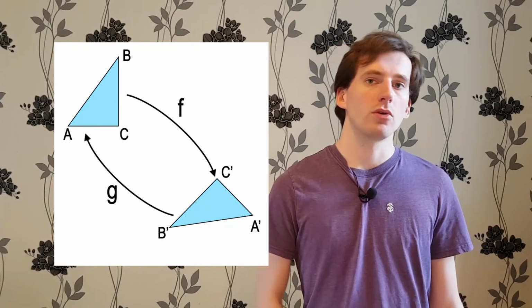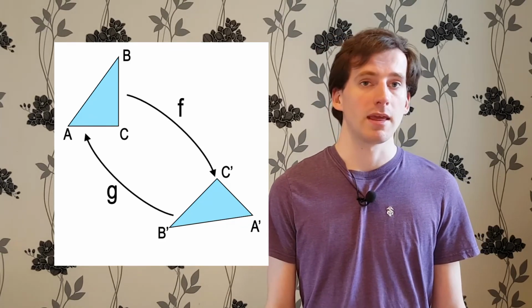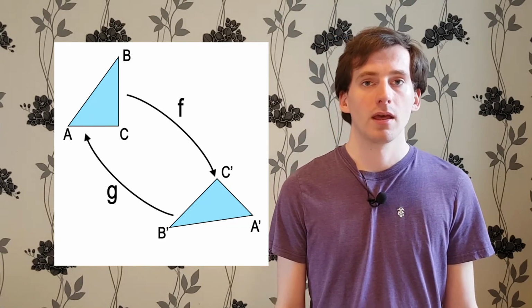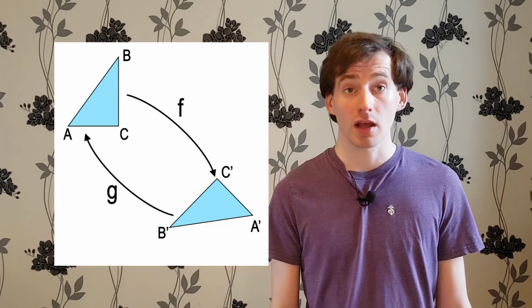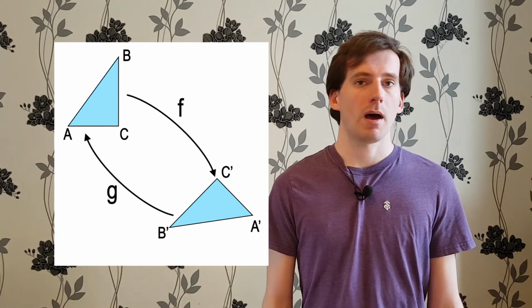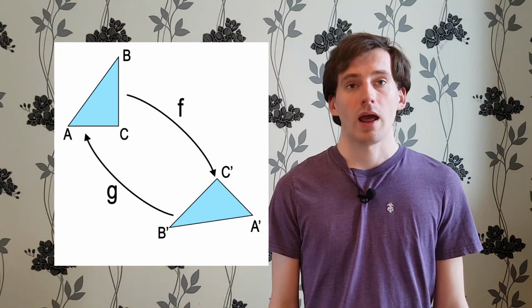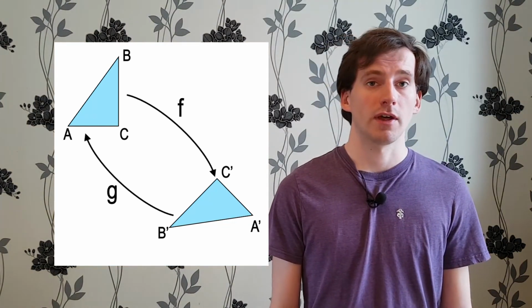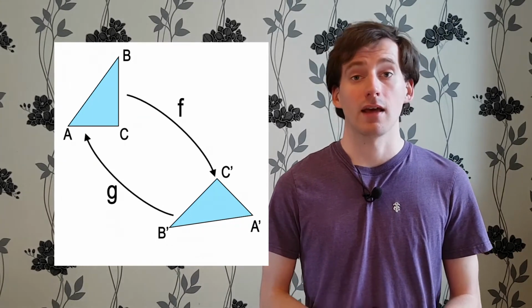But we also know that the identity isometry sends A to A, B to B and C to C. Since the theorem says that there's exactly one isometry which does this, the 2 congruence isometries must combine to give the identity, so they do cancel out, and they are inverses of each other. This in fact means that every isometry has an inverse.